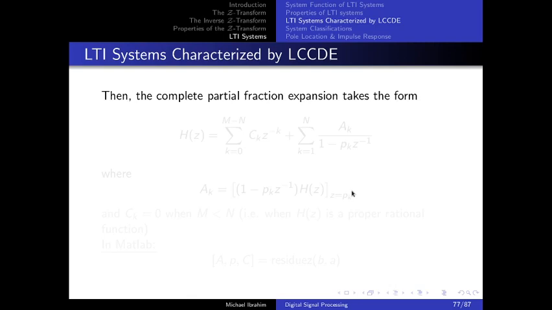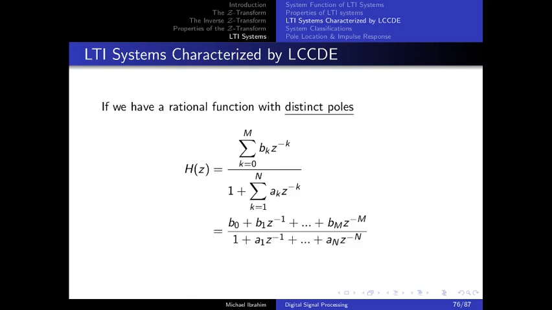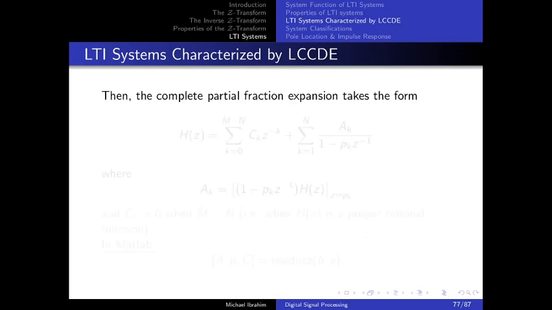And in order to do the inverse Z transform, first we will ask ourselves a question: is this a proper rational function? If m is less than n, it's a proper rational function and we can do a partial fraction right away. But if m is larger than or equal to n, we have to do long division first and then we do partial fraction. Doing the long division will give us terms like 1, z to the power minus 1, and z to the power minus 2.